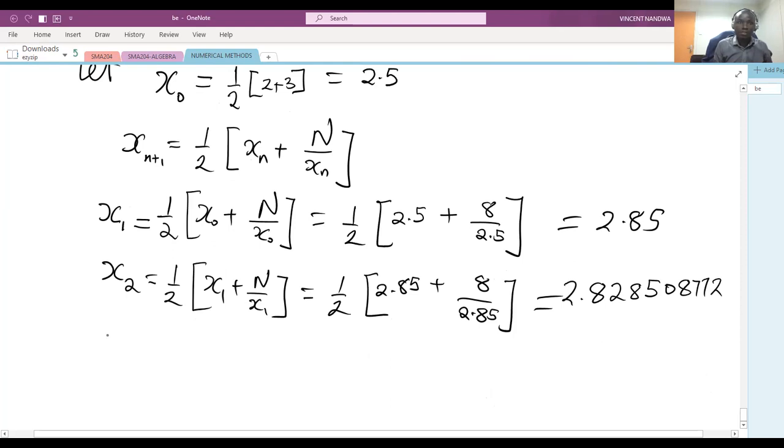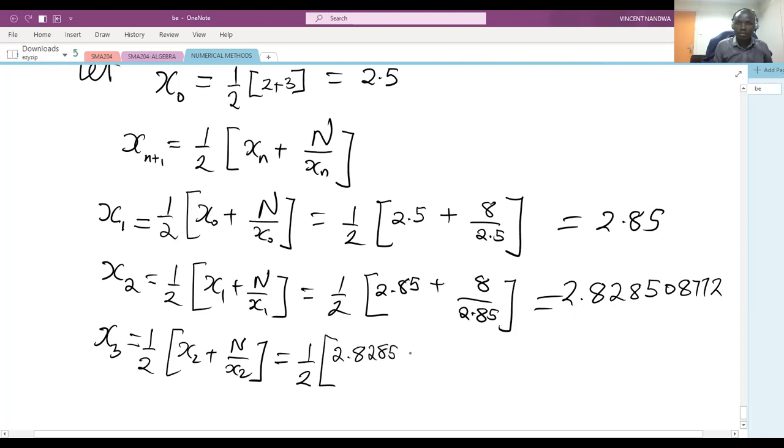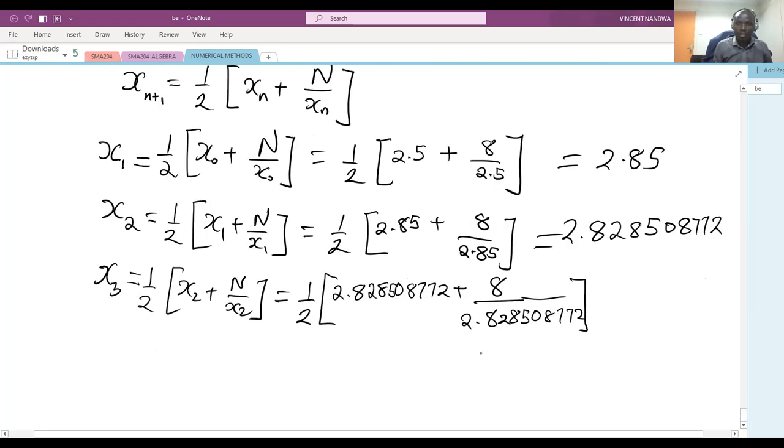So this and the previous value differ in the first significant figures, so we have to go to the next. x3 is a half into x2 plus n over x2, which is a half into 2.828508772 plus 8 over 2.828508772. When you work this out, you get 2.828427126. To the nearest 5 significant figures, 2.8285 and 2.8284, so they're still not the same.